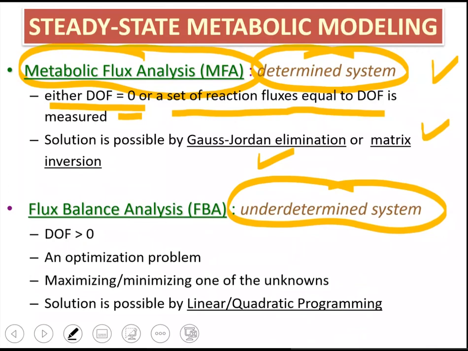So metabolic networks are usually underdetermined, and degrees of freedom in metabolic networks is usually very high, especially if you are dealing with genome scale metabolic models. Degrees of freedom will be more than 100. So it's not that practical to measure 100 rates to specify them and to make the system determined.